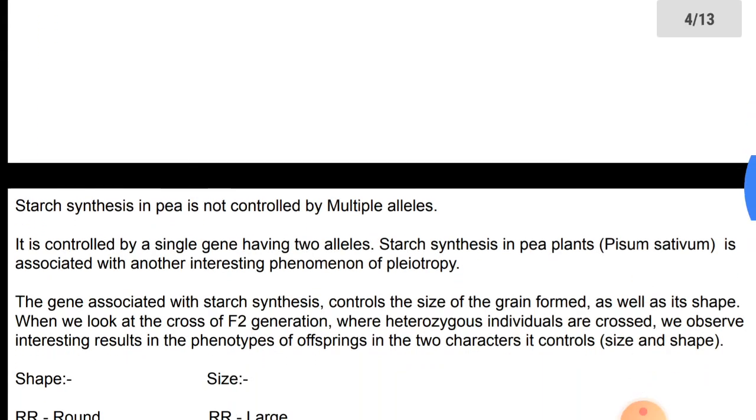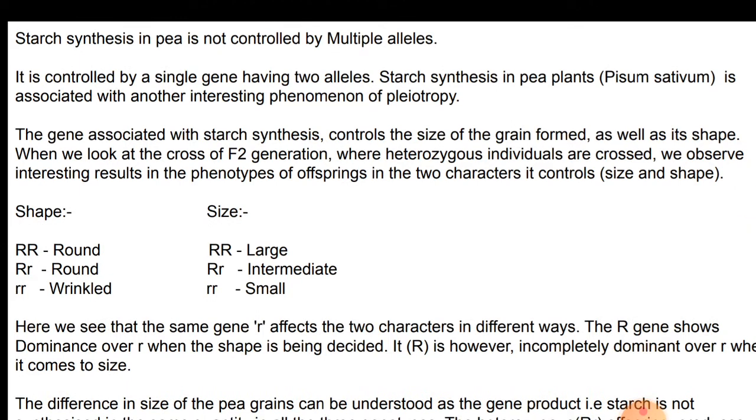If we talk about examples of pleiotropy, before I discuss the example of the grain, let me tell you some examples. The genes that control the flower color in sweet pea also control the color of the seed coats and the red spots in the axils of the leaves.